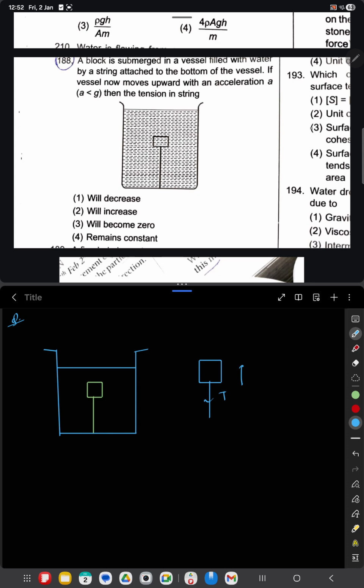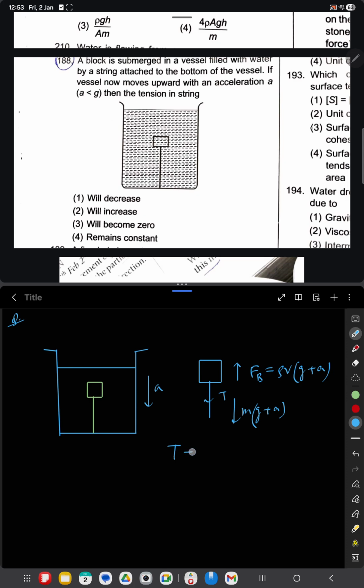As the vessel is moving with an acceleration A in the upward direction, pseudo force will act in the downward direction. So m into g plus a will be acting in the downward direction, and one buoyant force will be acting on it. That buoyant force will be Fb is equal to rho into V into g, where g will be g plus a. Why g plus a? Because a is in the upward direction, so pseudo force will be acting in the downward direction.